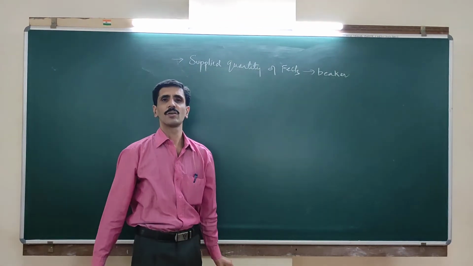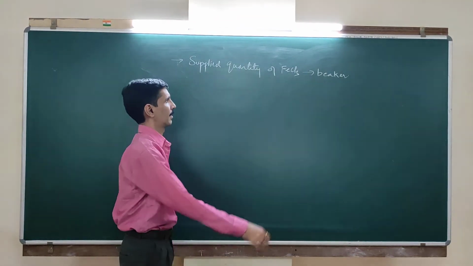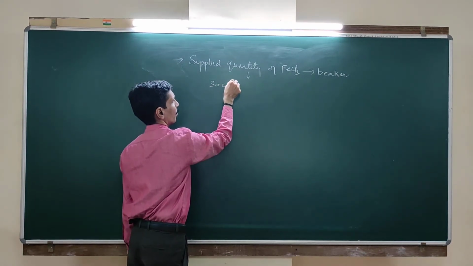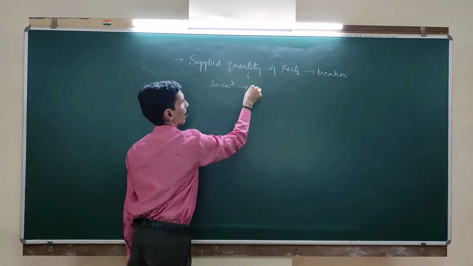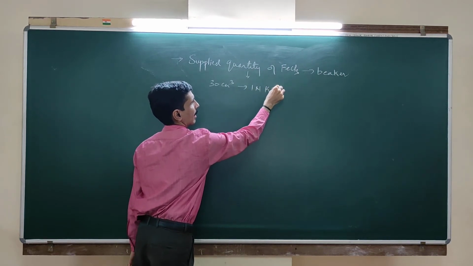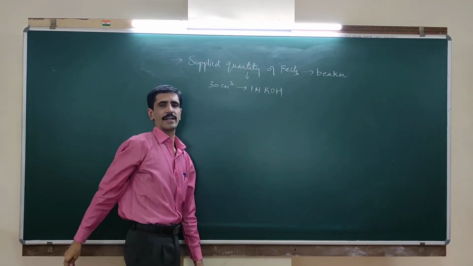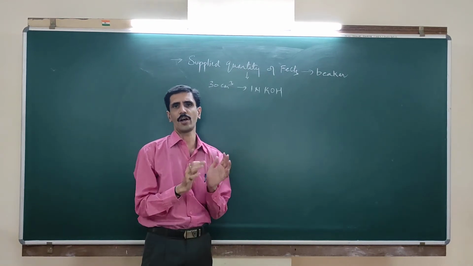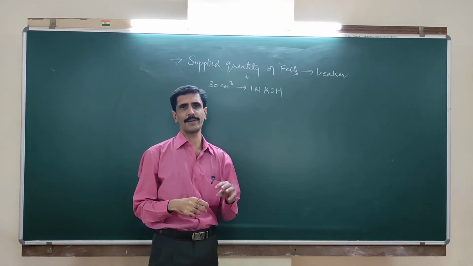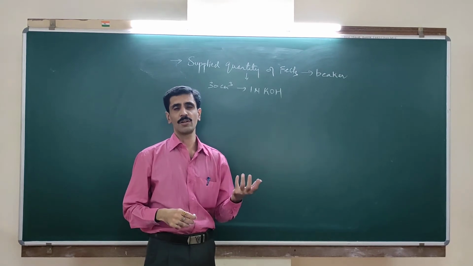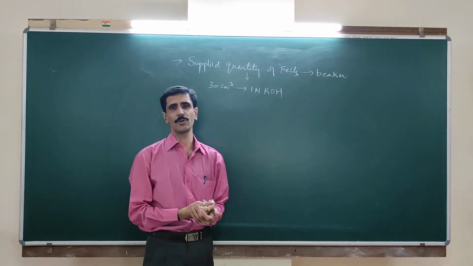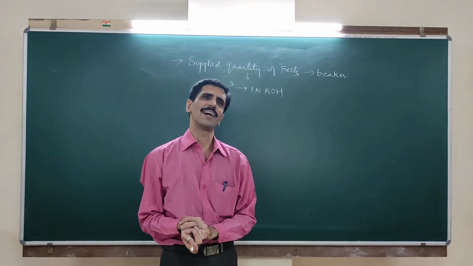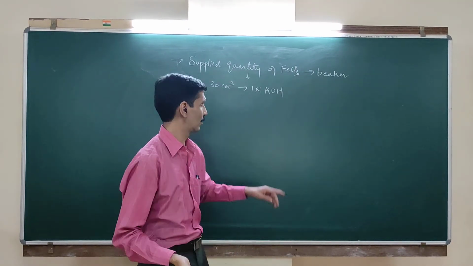To this, we will be adding around 30 cm³ of 1 normal KOH, that is potassium hydroxide. Okay, and it is 1 normal. So we have to prepare the 1 normal solution of KOH. We are going to take around say 30 cm³. So that means, let us say it is approximately around 2 test tubes. Okay, you need to take it.